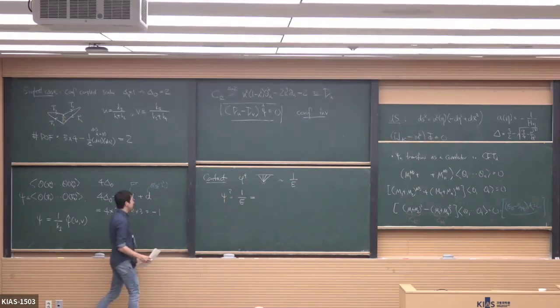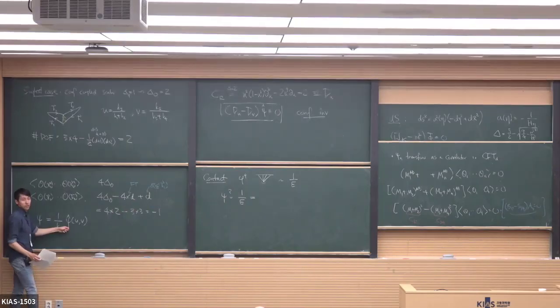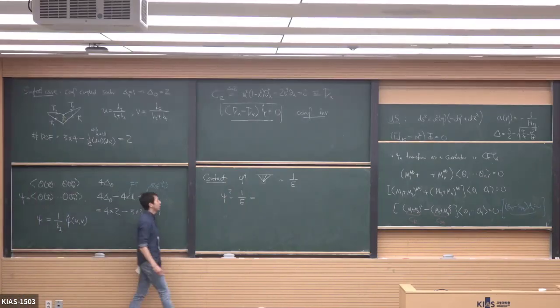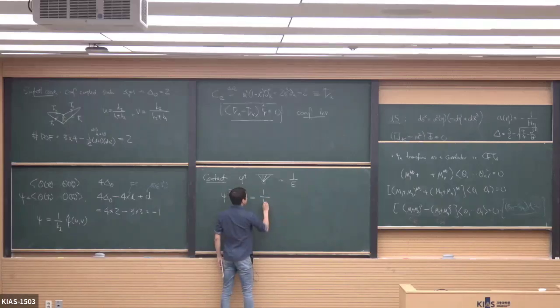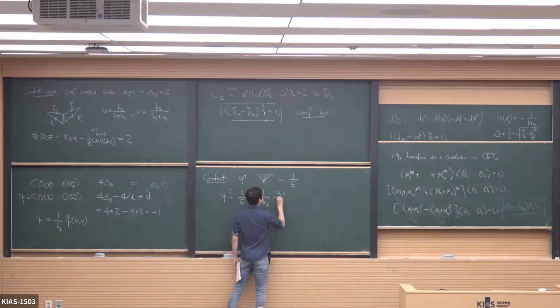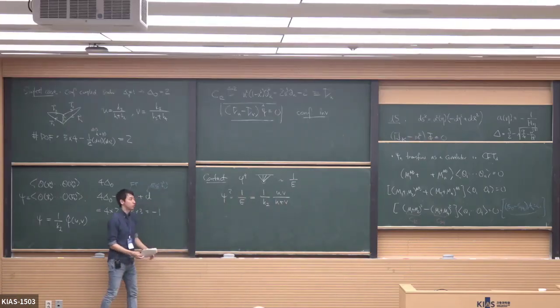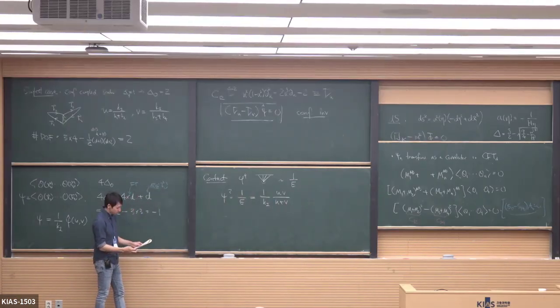To check this, we first have to convert this expression 1/E in terms of the u and v variables, and we can show that it is given by this function, 1/k_i times uv over u plus v.